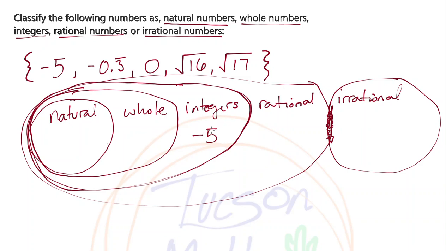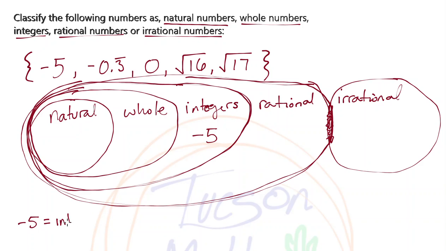So it's not a whole number or a natural number, but it is inside the rational number circle. So -5 is an integer. That's its base. Oops, my E and my G again. Its basic classification is an integer, but it's also rational.